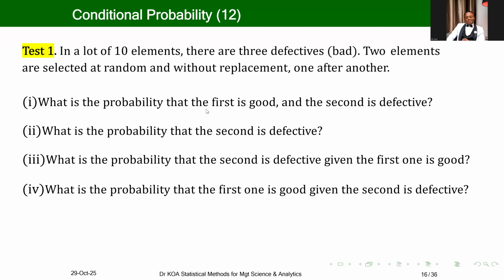What is the probability that the second is defective, given the first is good? The second is defective, given the first is good. That is 1/3. Now, Albert, you didn't break it down. You have 3/9. Yes, sir.